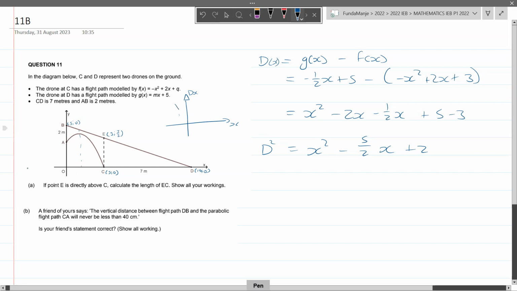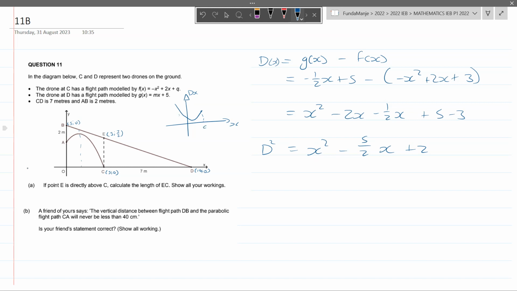This will correspond to C, this will be the turning point, and this will be A. You can see it decreases, and then at some point it turns around, and the distance starts increasing again. And you just need to look at the y-axis as the value of d of x.